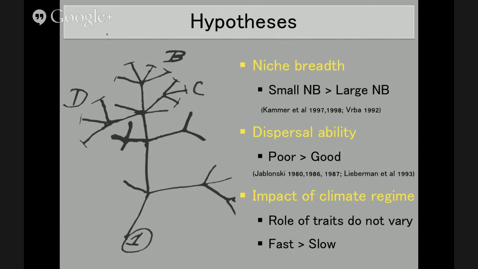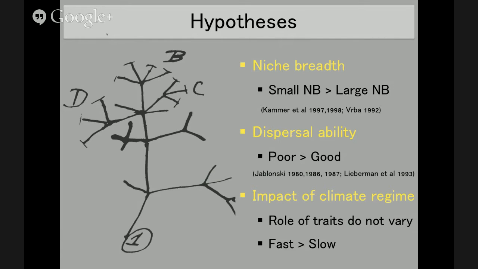So we controlled for 3 factors in this study: a species' niche breadth, its dispersal capacity, and then the rate and periodicity of climate change. And we formulated 3 main hypotheses regarding these factors. The first is that we expected that species with small niche breadths would have populations that would be more easily isolated from each other and less likely to survive climatic changes, which would increase speciation and extinction potential.